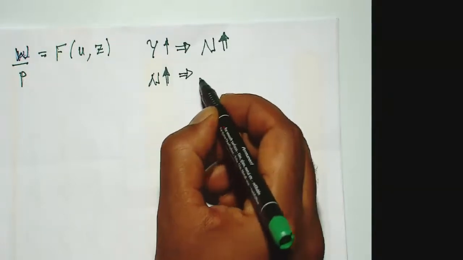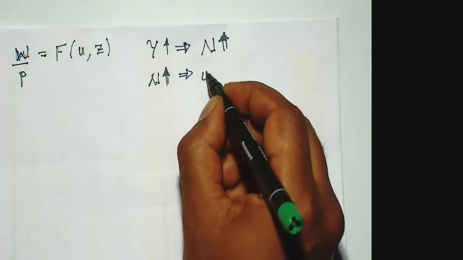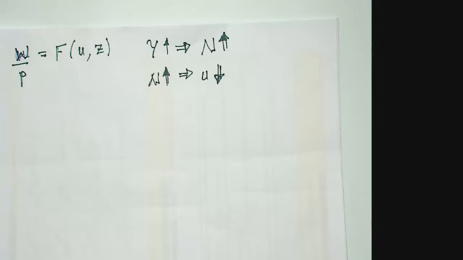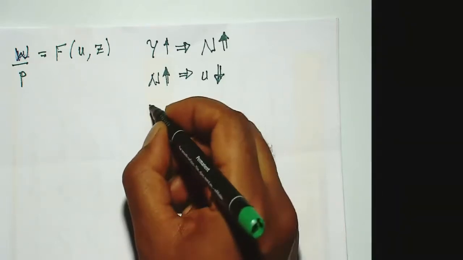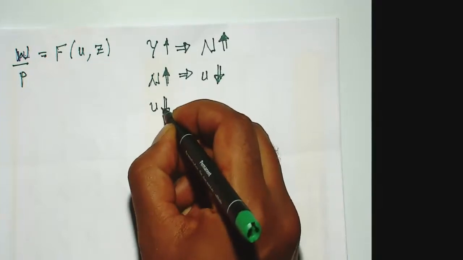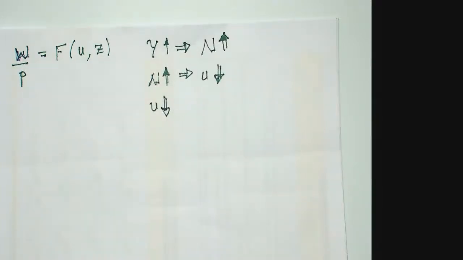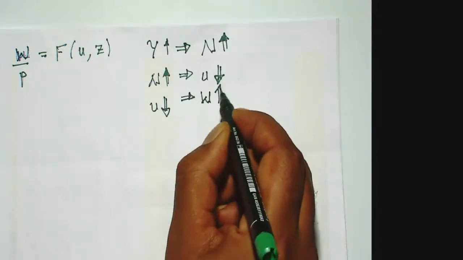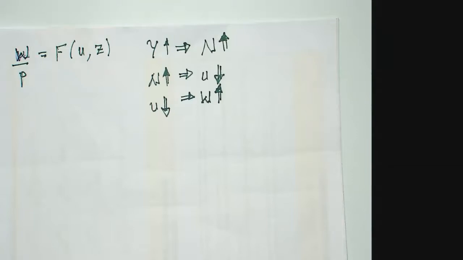This would automatically mean that our unemployment rate would be low. So if there are more people employed in the economy, then our unemployment rate would be low. So if the unemployment rate is low, what would be the implication on the wage? This would imply that wage would be higher. We have already said that income increased.